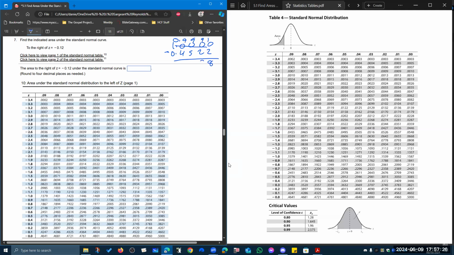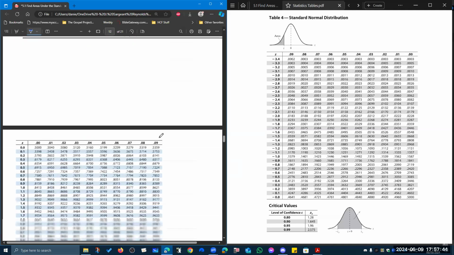That's 8. That's 7. That's 4. That's 5. So 5, 4, 7, 8. A little bit bigger than 50% makes sense to go to the right of that.